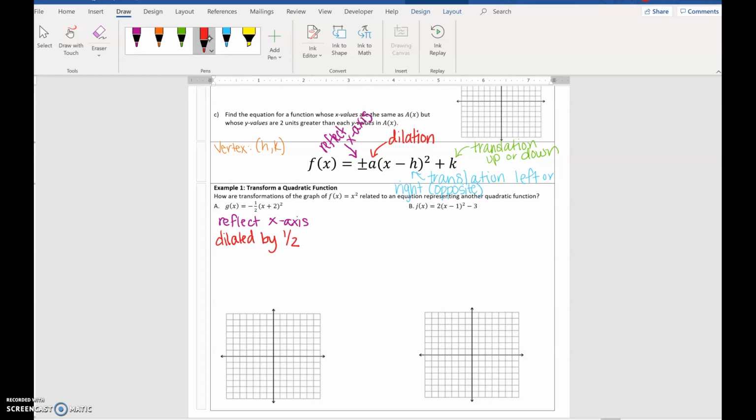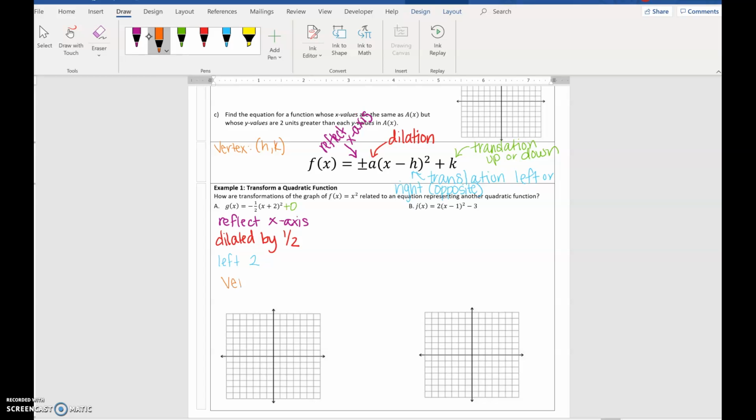And then the next thing we see is that +2, and that's inside the parentheses, so that's our H, and it's +2, and remember it's opposite, so it's actually going left 2. And then there is nothing where that K value is, so that would be +0, which means it doesn't move up or down.